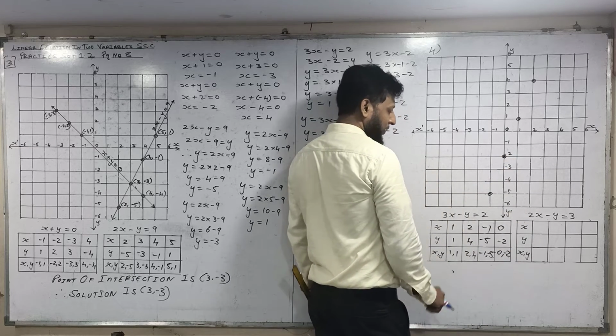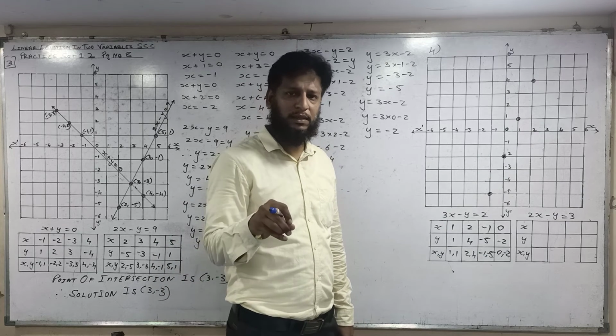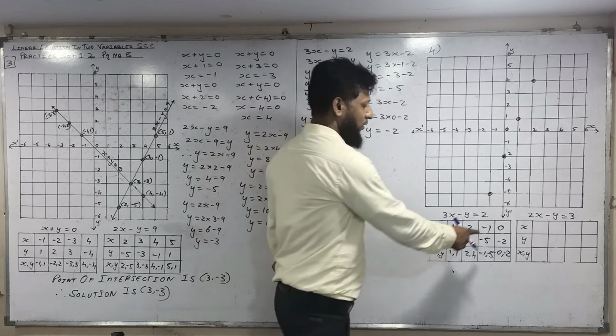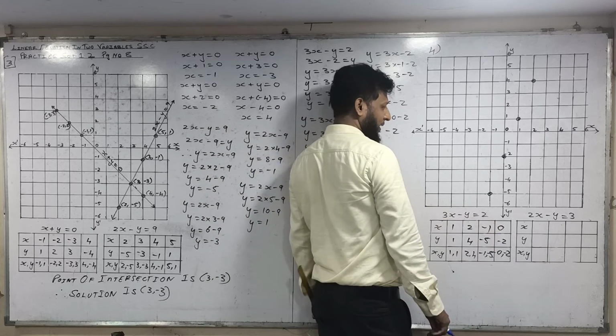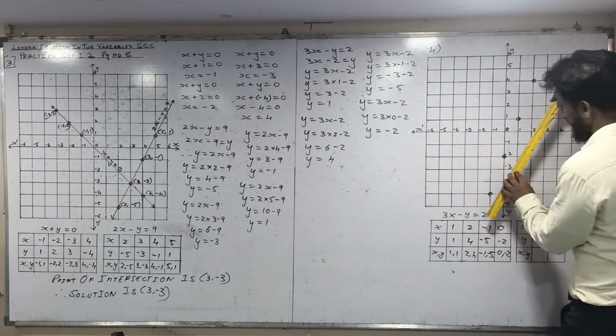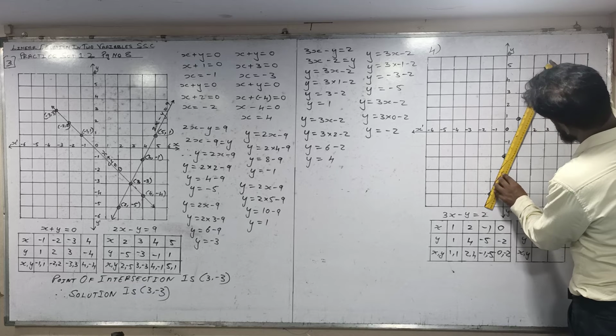Okay, so if y is 0, the point will come on x axis. If x is 0, then the point will come on y axis. Here x is 0, so the point will come on y axis. I plot these 4 points, then draw the line, arranging all these 4 points. See, 1 2 3 4.